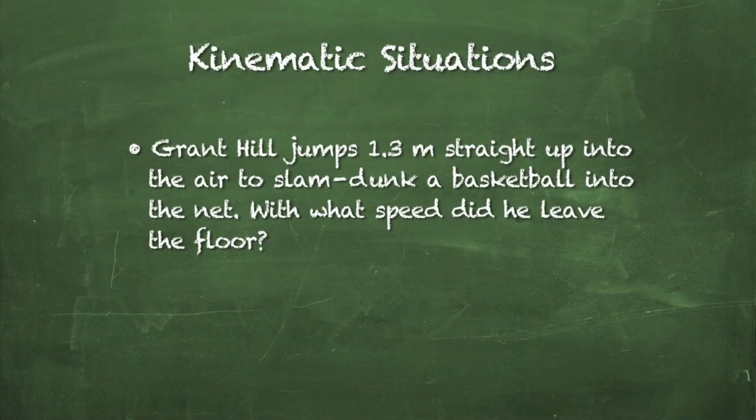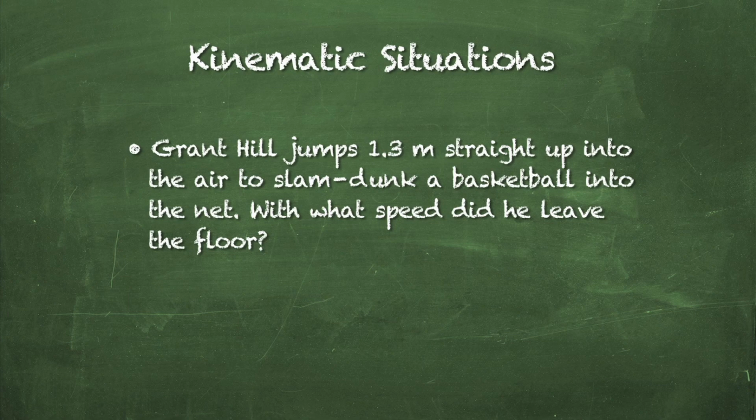Let's look at another example. Grant Hill jumps 1.3 meters straight up into the air to slam dunk a basketball in the net. With what speed did he leave the floor? This is another kinematic situation. You have a change in position, a change in speed.